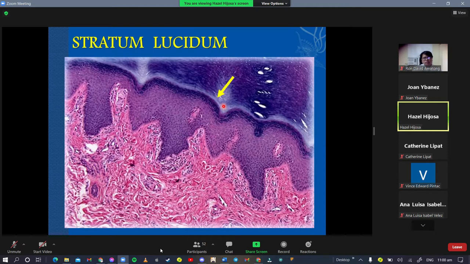And here, the cells have lost their nuclei and other cytoplasmic organelles. So what is present in the cytoplasm are the densely packed keratin filaments. Okay, take note, this has lost its nuclei and cytoplasmic organelles.